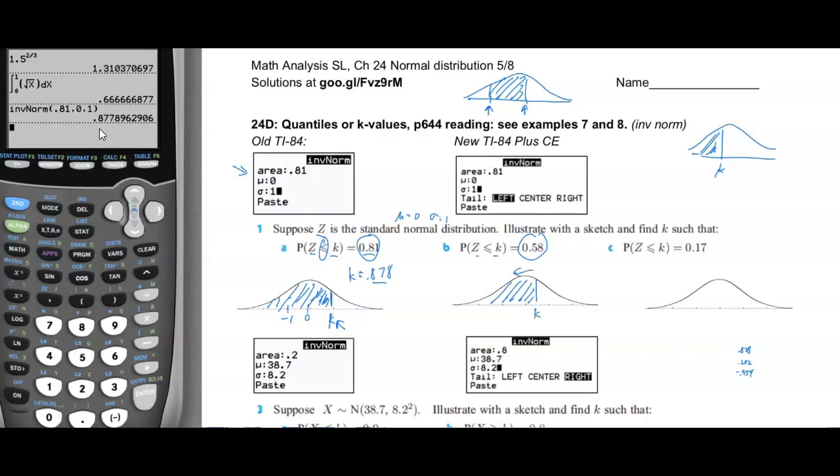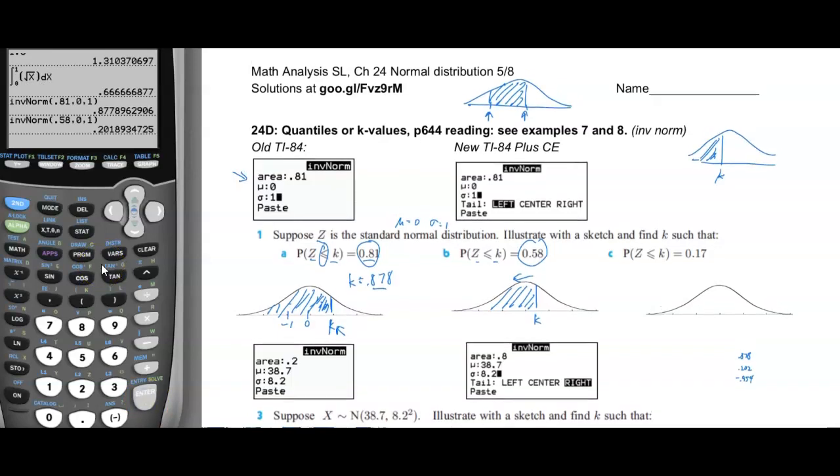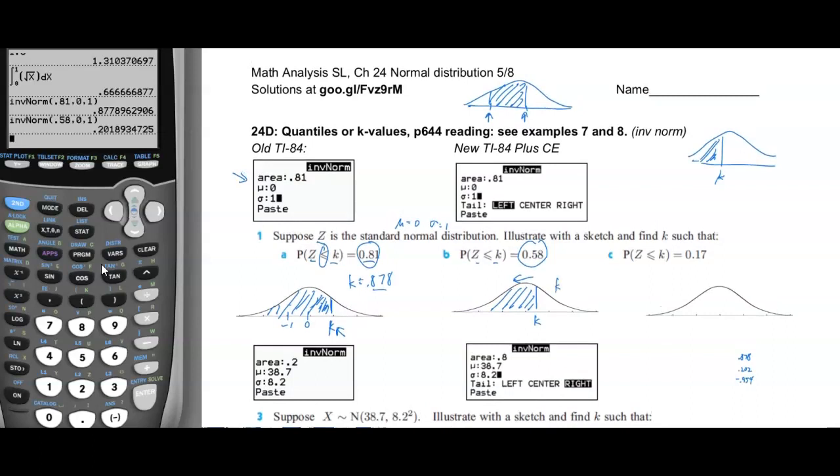So let's find this value of K. Let's see, so I'm going to go back to second distribution, inverse norm, and then I'm going to type 0.58 and just leave 0 and 1 and hit enter twice. 0.202. So K is equal to 0.202.